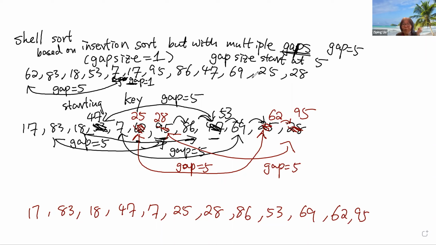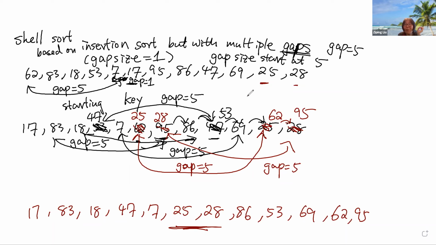So you initialize with a gap size of 5 this time. Did you see how it moves? 25 and 28 do get shifted closer to their right locations quickly compared with insertion sort. This is the first round, starting with the gap size.